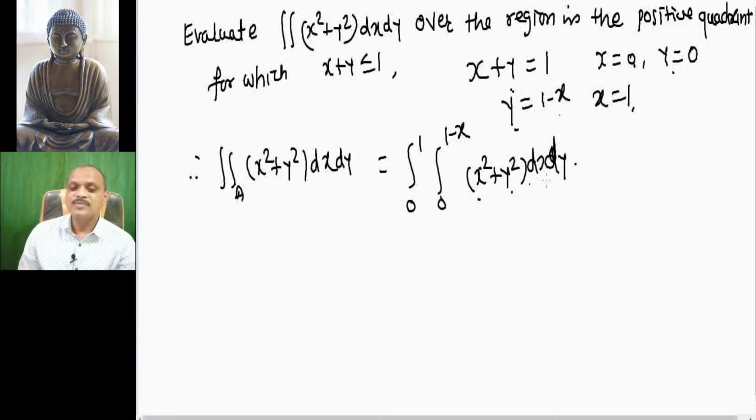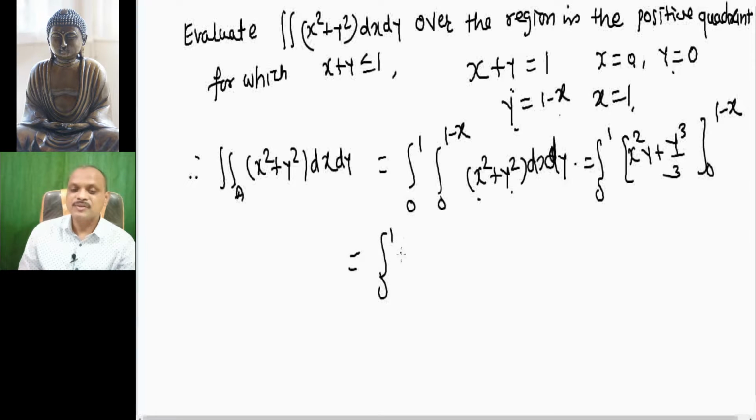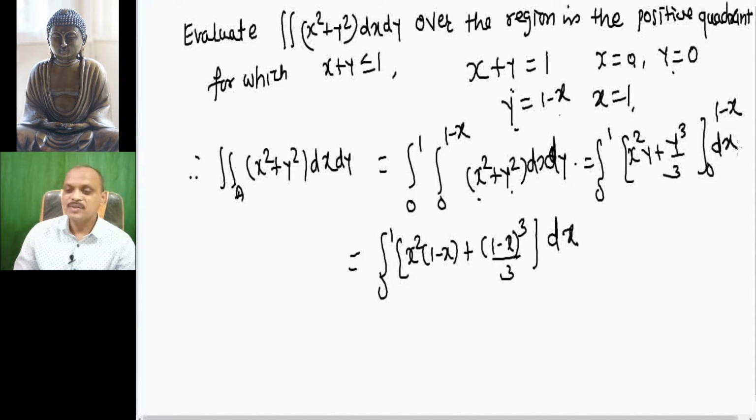So integrate this with respect to y first. Integration 0 to 1 of x square y plus y cube divided by 3 between the limits 0 to 1 minus x equals integration 0 to 1 of x square into 1 minus x plus 1 minus x whole cube divided by 3, into dx. The lower limit is 0, at 0 we get 0.